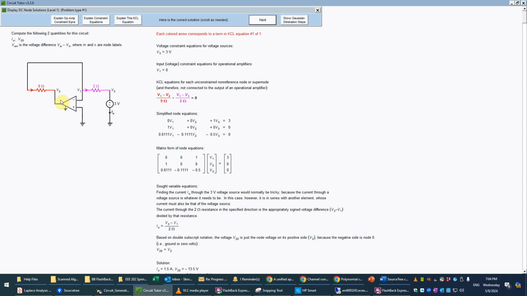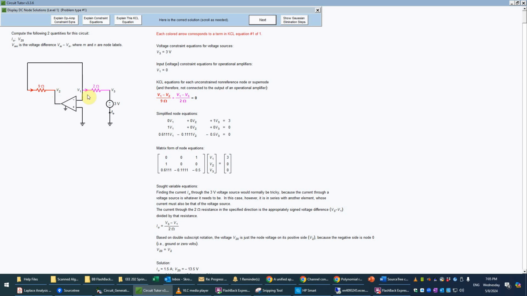Because this is connected in effect to a voltage source, even though that's not shown explicitly in the symbol, for the usual reason we cannot write a KCL equation for this terminal. We don't know the current through a voltage source a priori, and therefore cannot solve the problem that way. But we don't need to do that either, because it turns out we'll still have enough equations for the unknowns.